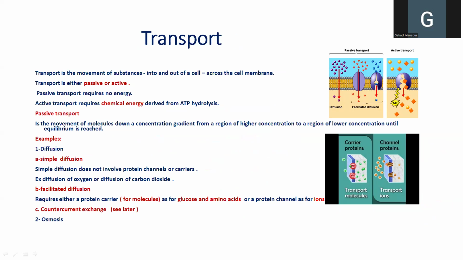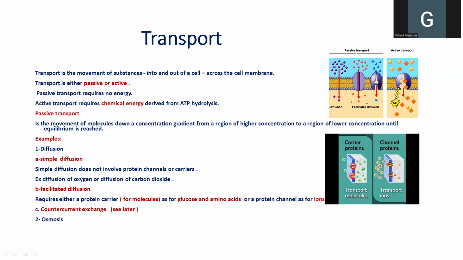And then we are going to start a new concept, which is the concept of transport across the cell membrane. Transport is the movement of substances inwards or outwards, into the cell or outside the cell, across the cell membrane. Although it might look simple, we will study a lot about transport across the cell membrane.